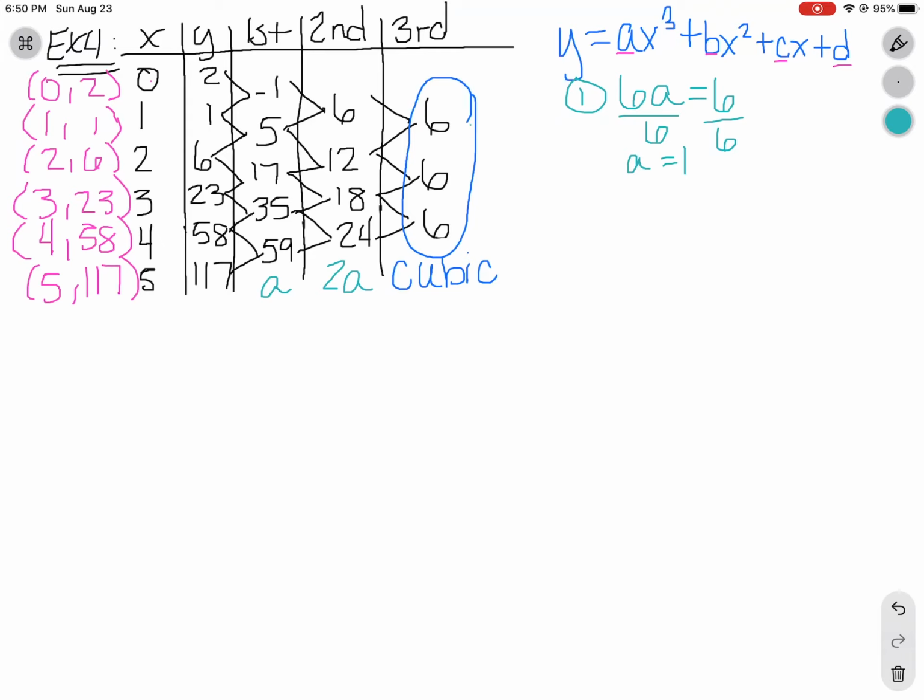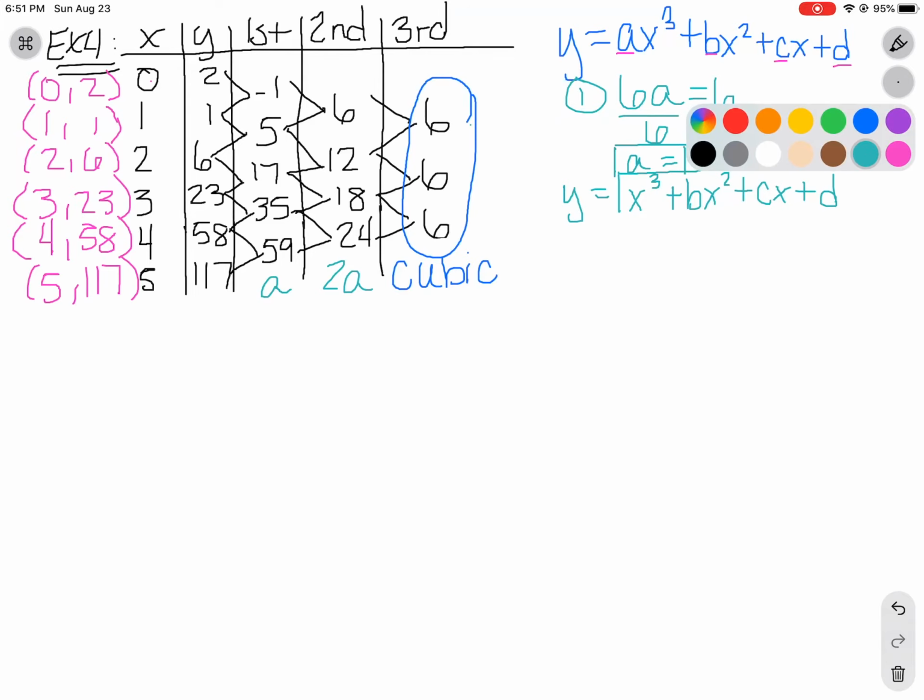So now that I know that a equals 1, I have y equals 1x cubed plus bx squared plus cx plus d. So that's my new equation so far. I also like to box a equals 1 just so I have it at the end. All right, so my first step is done.